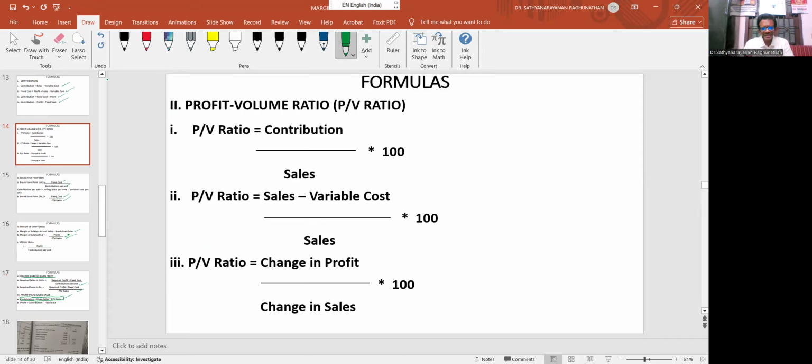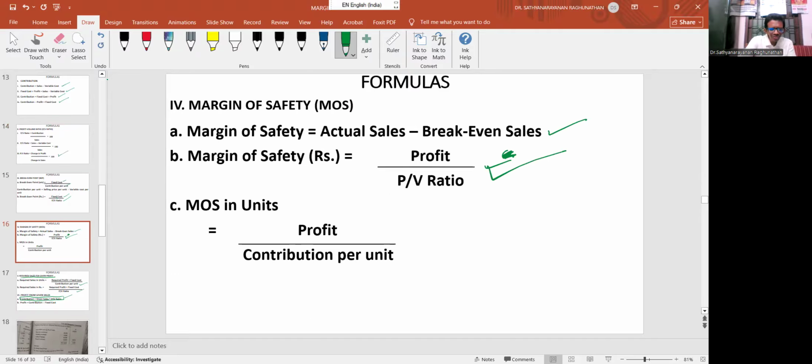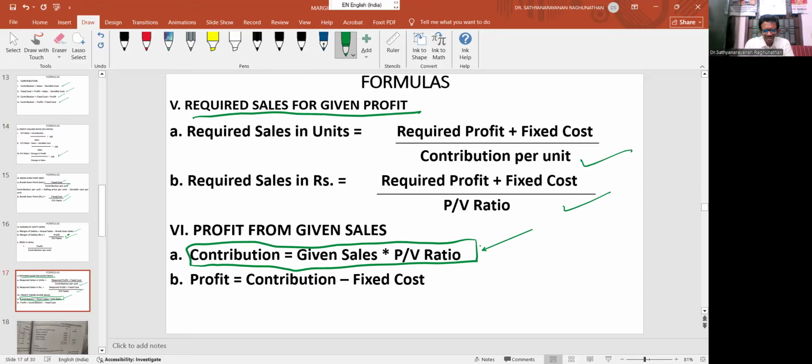If the two years' data pertaining to profit and sales have been provided in the question, then for PV ratio you have to use this third formula, and for contribution you have to use this formula. So if two years are given in the data on a comparative basis. Now, the profit formula: contribution minus fixed cost is equal to profit. Hope I made you clear.